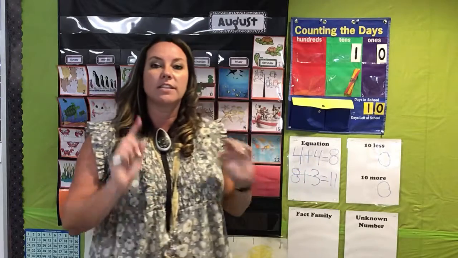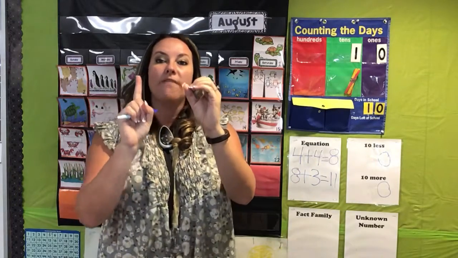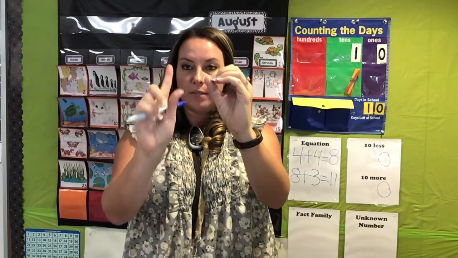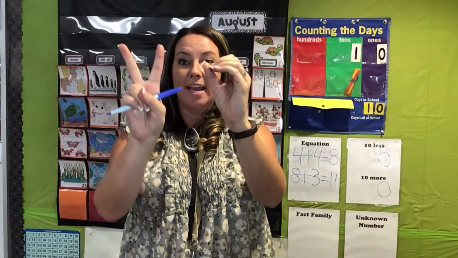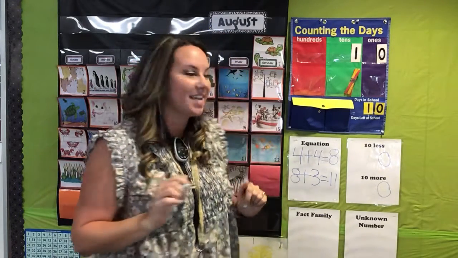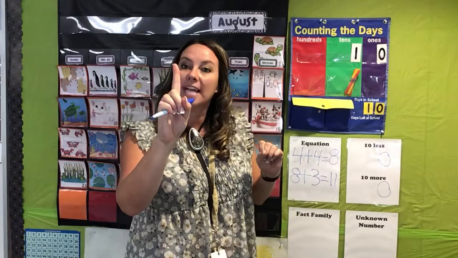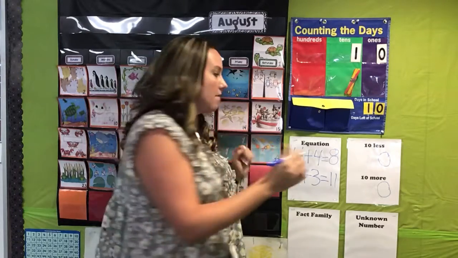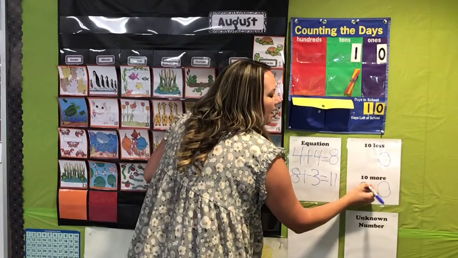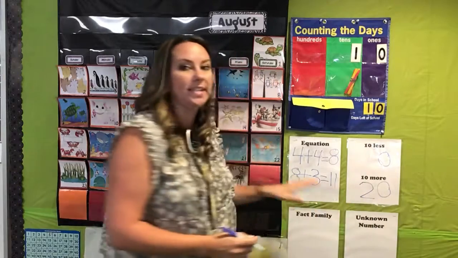So if today there's 10 days of school, what if I added a big brother? So instead of 10, we had 20. So that's 10 more because I added a 10 stick. So instead of 10, we would have 20. What if we took away a 10 or took away a big brother? Took them away.